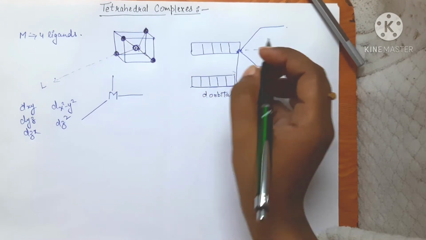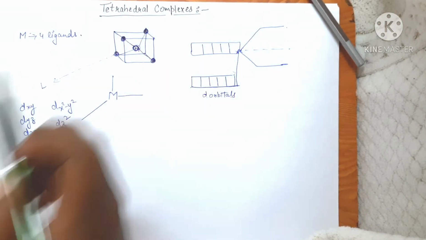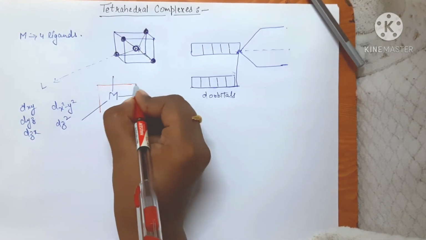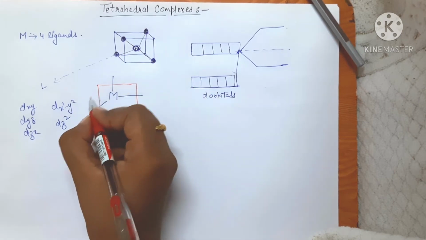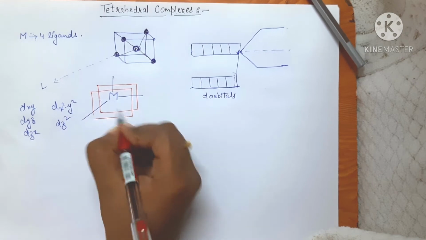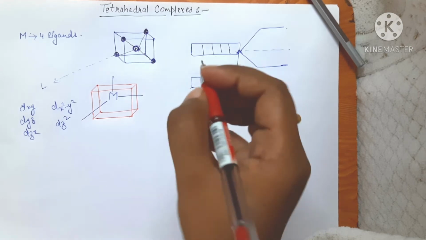So now what happens? See, if I want to locate this, this is a unit cell, right? Like this is a unit cell.